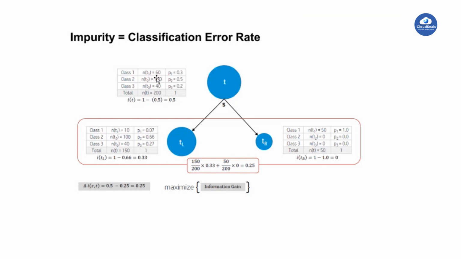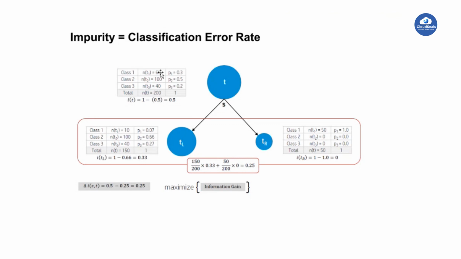For example, this independent variable is marital status: single, divorced, married. For class 1, there may be a chance that out of 60, 40 are married, 10 are single, 10 are divorced. But we don't know how many single, how many married, how many divorced are present in these 60. We just have the total 60 records related to class 1.